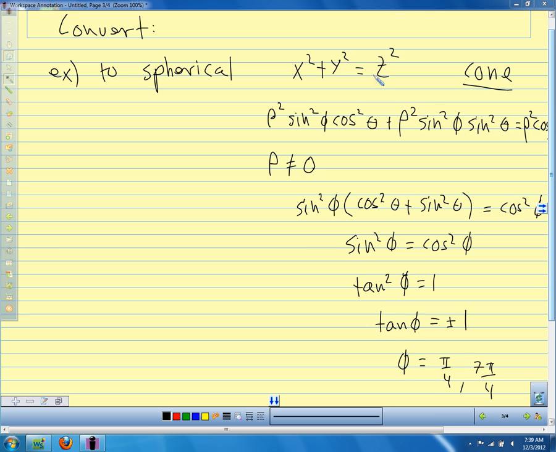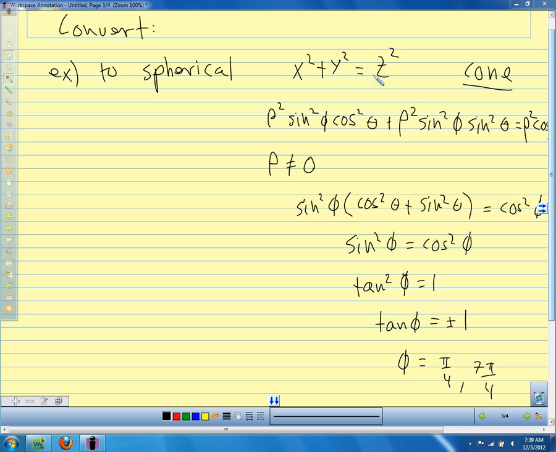Rho can be anything, right, because the sides of our cone extend from 0 to infinity. And theta can be anything between 0 and 2 pi because we're going all the way around in a circle. That make sense?